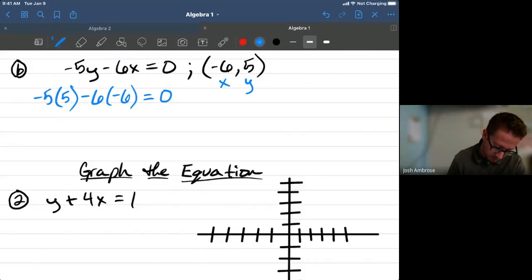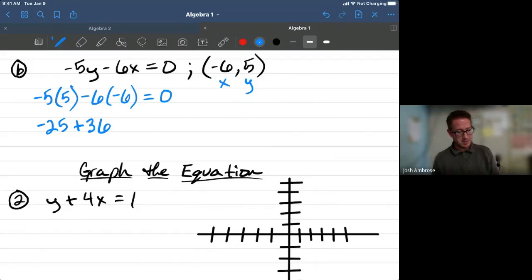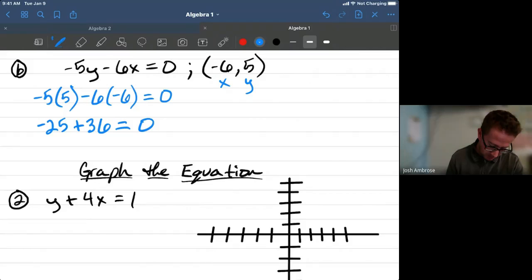So let's take a look. -5 times 5 is a -25. Negative 6 times another negative 6 is a positive 36. Now, is 36 minus 25 0? No. So are we saying that this equals 0?